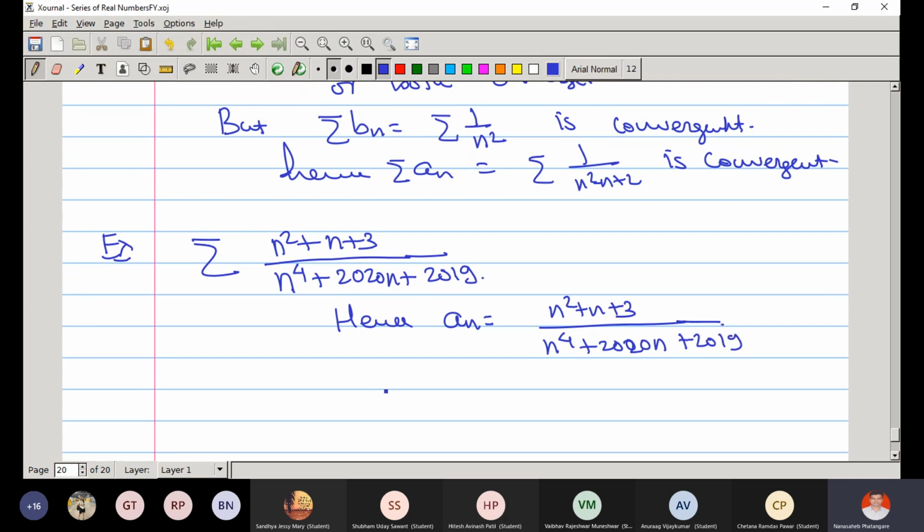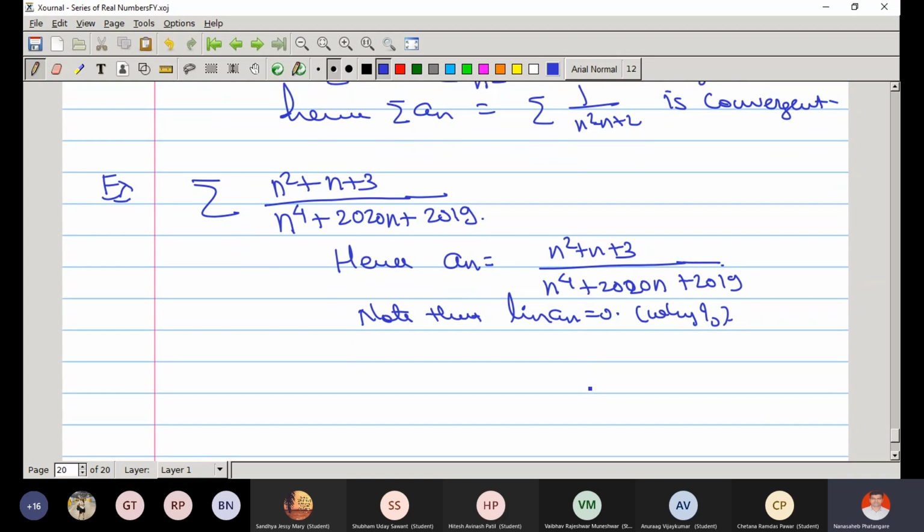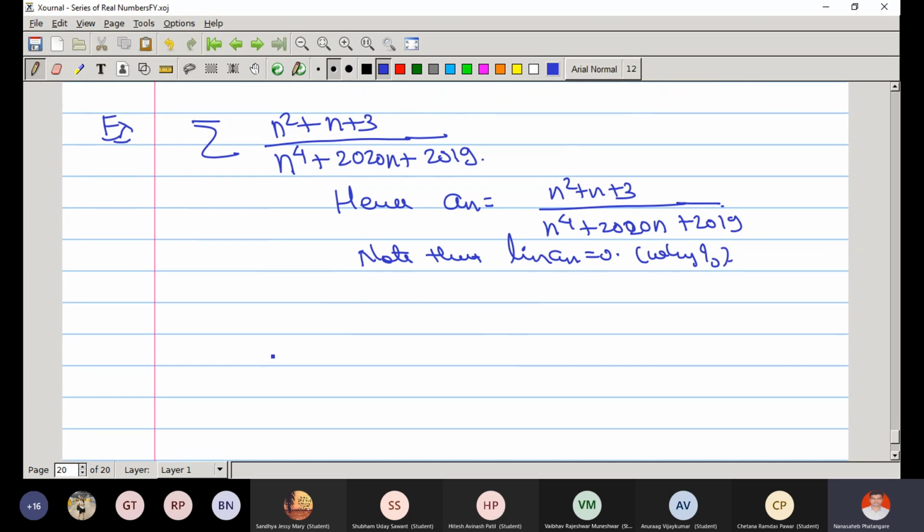Note that the limit of an is 0, but this is not useful for us, because if the limit of an is 0, the series may converge or may diverge. If the limit of an is non-zero, then certainly the series is divergent. Therefore we want to produce a series Bn whose convergence is known.